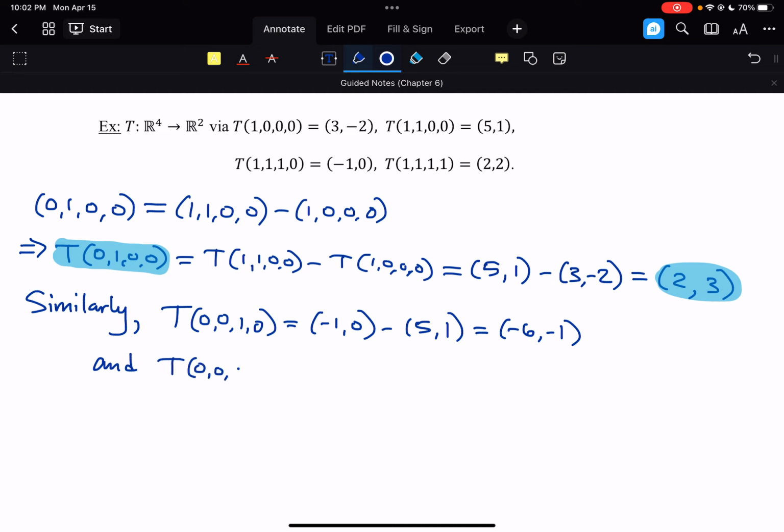And if we want the last one, we would take this one minus this one. That would leave us with only that last component. So we get 2, 2 minus negative 1, 0, so that is 3, 2.